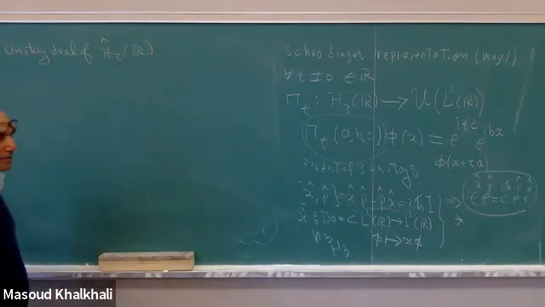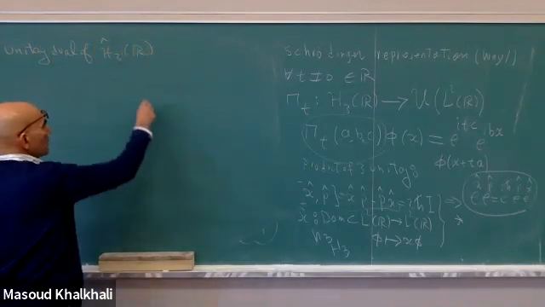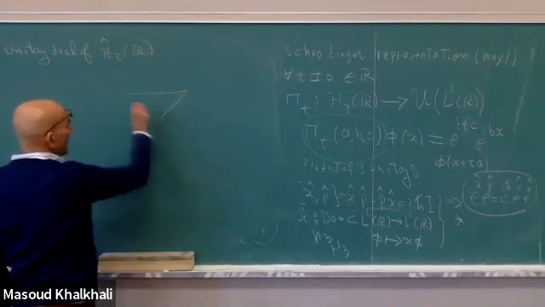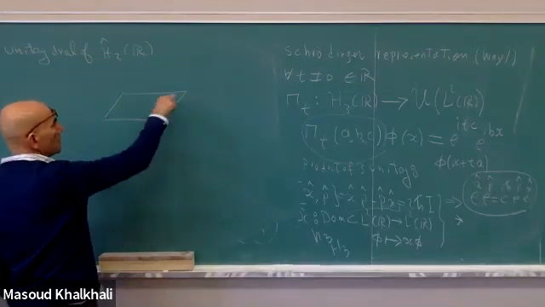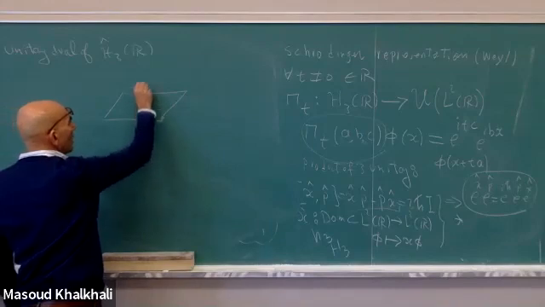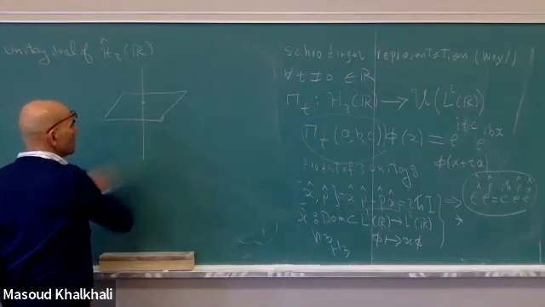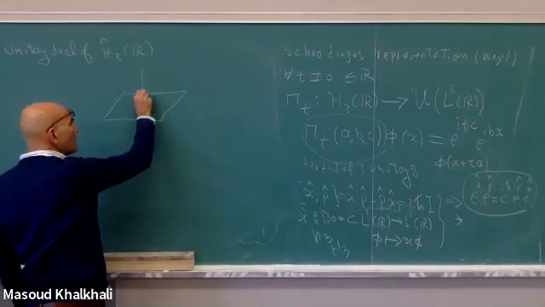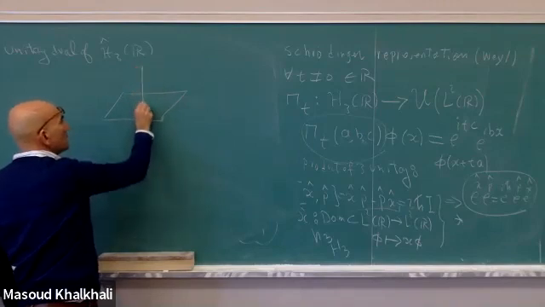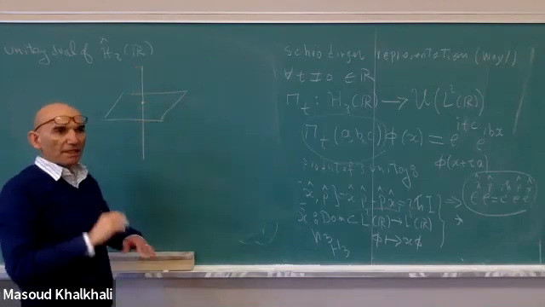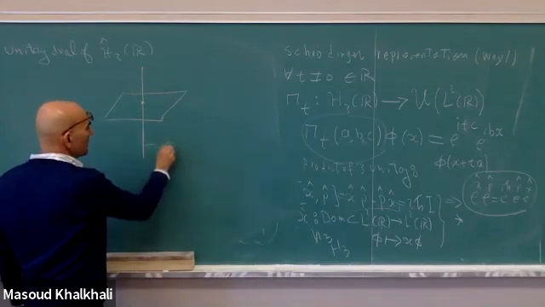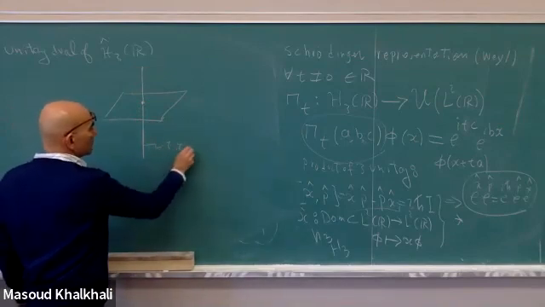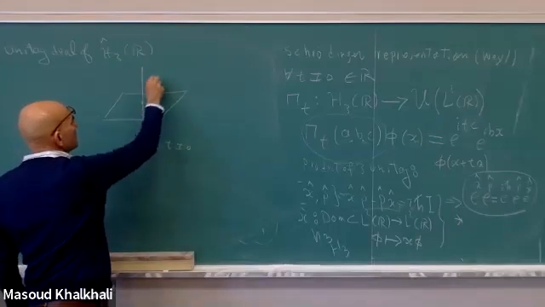As a topological space, it looks like this. You have this plane, a two-dimensional plane, and there is one line. Points on this line correspond to infinite dimensional representations. You see that the points here have t different from 0.